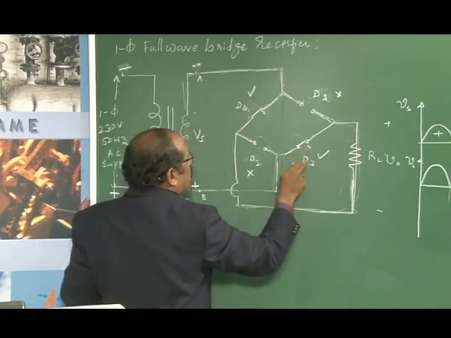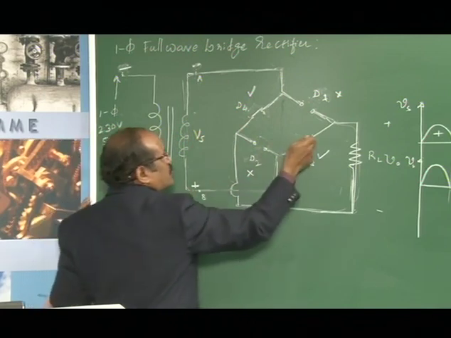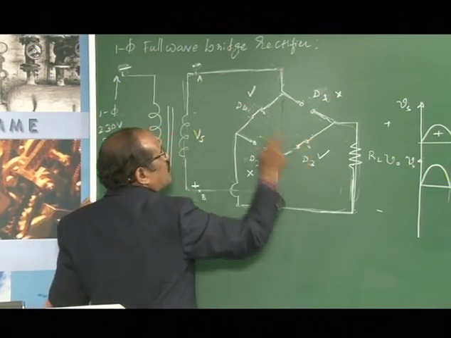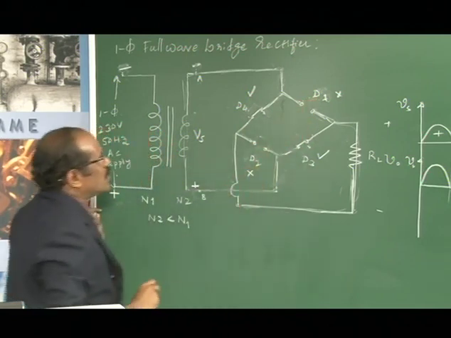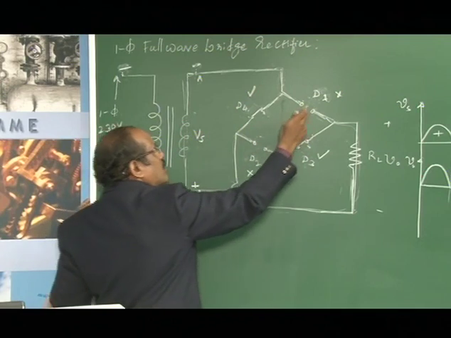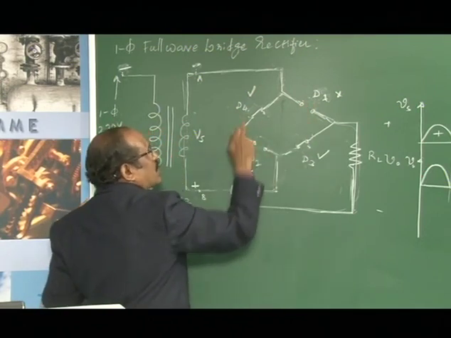Similarly, the anode of diode D3 will be at positive potential with reference to its cathode, therefore D3 and D4 conduct, whereas D1 and D2 do not conduct. So I am representing D1 and D2 as open switches, whereas D3 and D4 as closed switches.